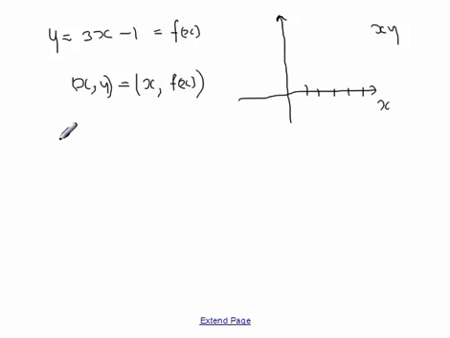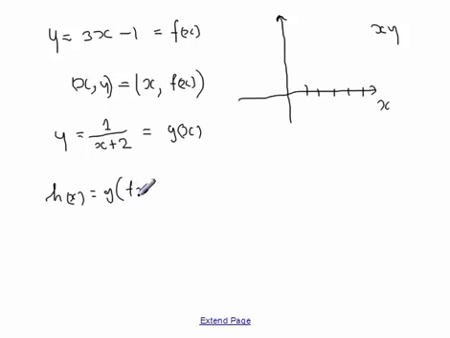So now, let's say y is equal to 1 over x plus 2, and this is our g of x. Down there, can you please try to find h of x, which is g after f of x?